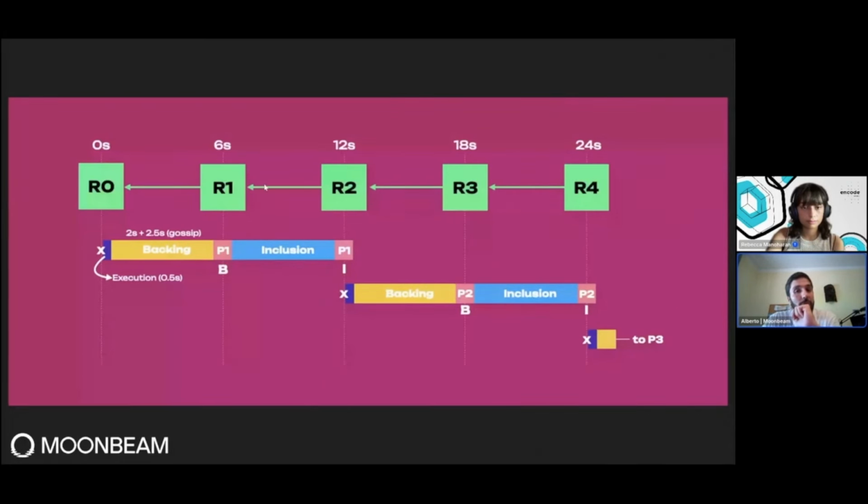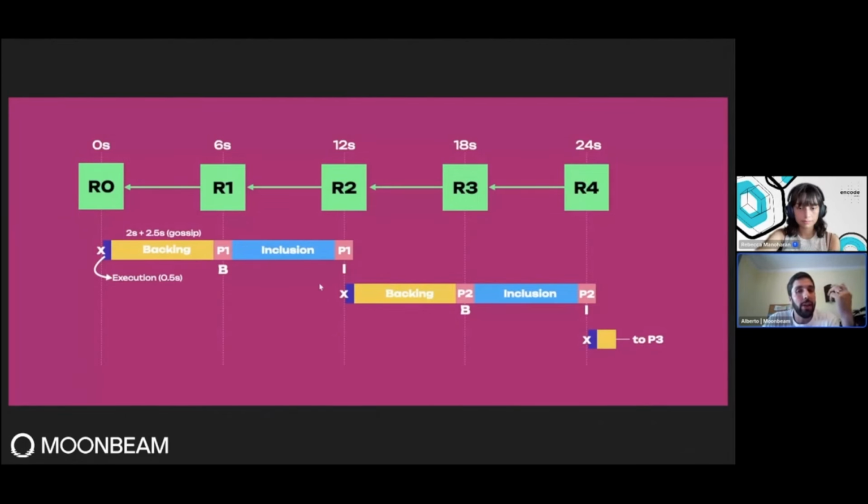And then in the next relay chain block, we actually include information of the parachain block in the relay chain block itself, okay? And that happens in R2. So R2 has information about this P1 parachain block. And that means that the collator can then propose a new block that is anchored to R2, so the reference relay chain block is R2.